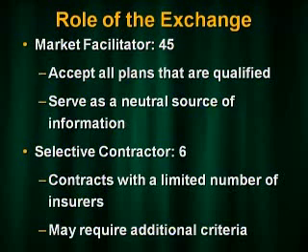Chosen is perhaps not quite the operative word, because if you were a federal default program, where the state chose not to implement its own exchange but to use the federal exchange, as Alabama and all of the states in the Southeast have done, they're required to use the market facilitator model. The second approach is what's called a selective contractor model. The other 6 states took that approach.